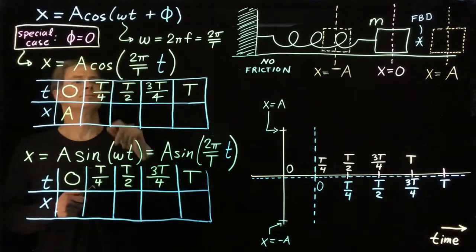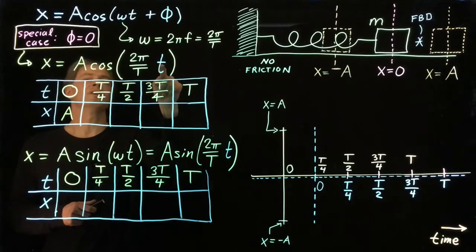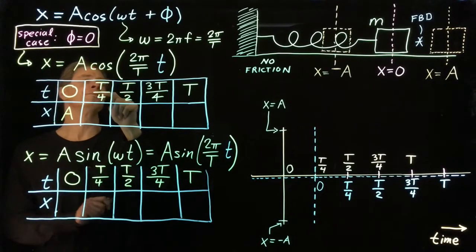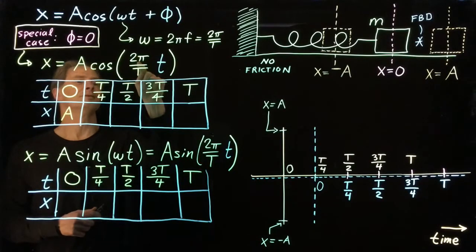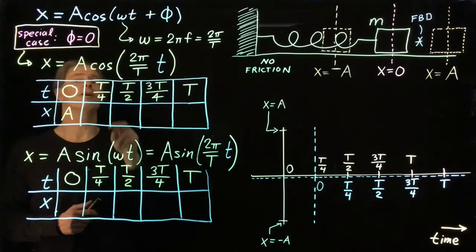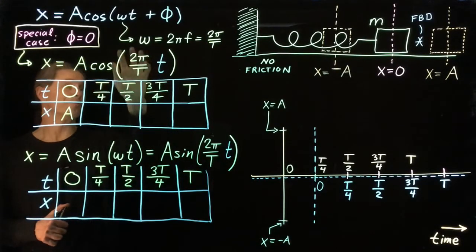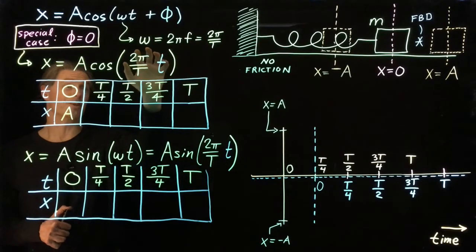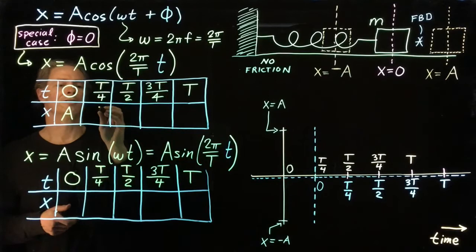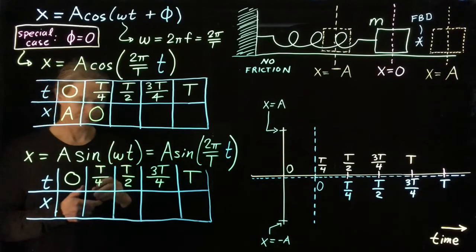When the time is equal to the period divided by 4, I'd have 2 pi divided by the period times the period divided by 4. Multiplying those together gives me pi over 2. Cosine of pi over 2 is 0, so I'll have x equals 0.